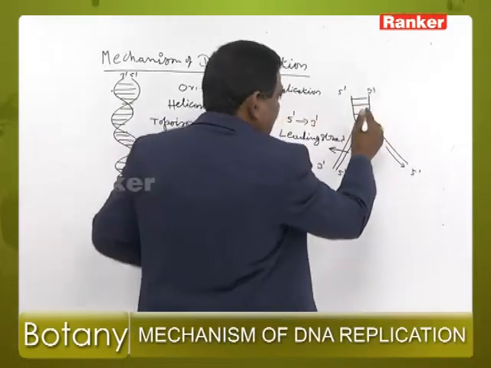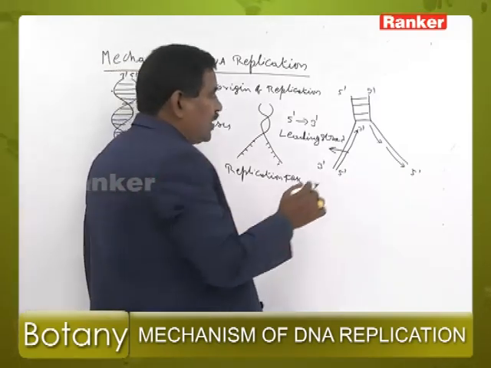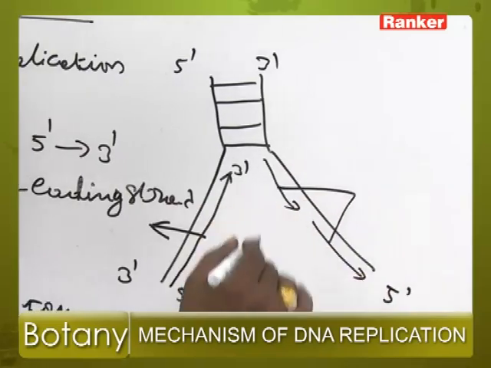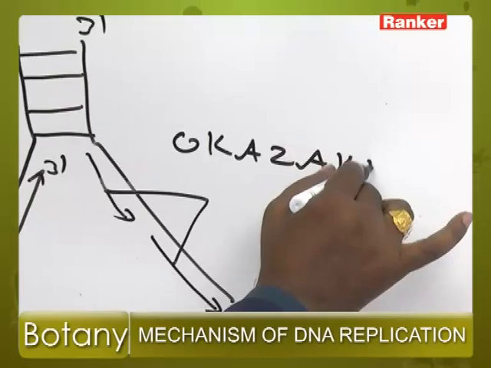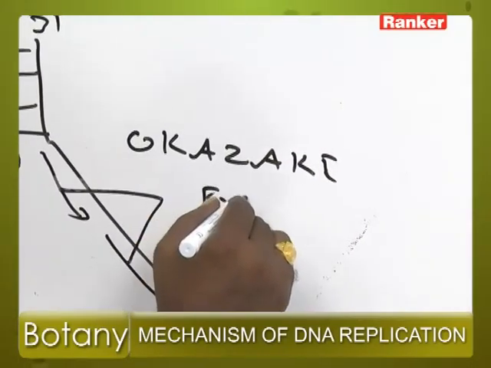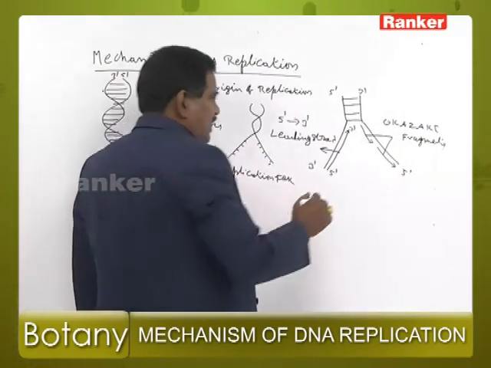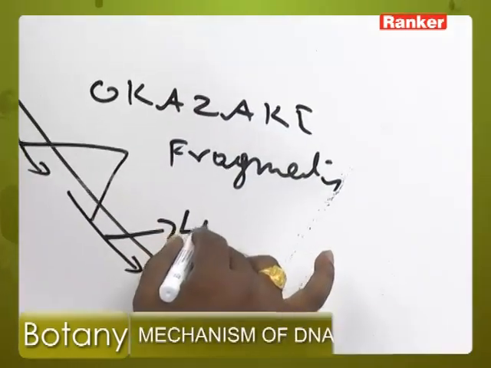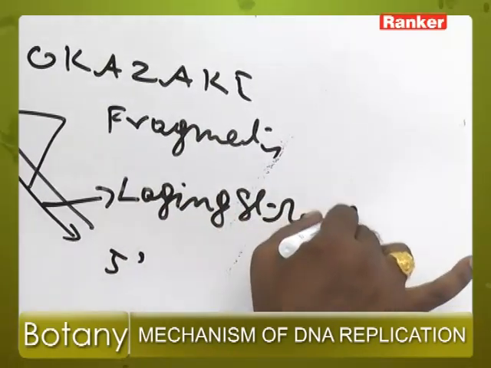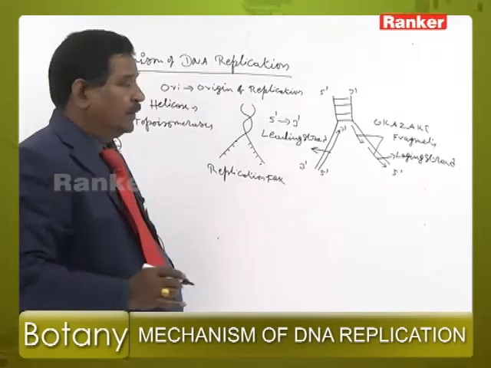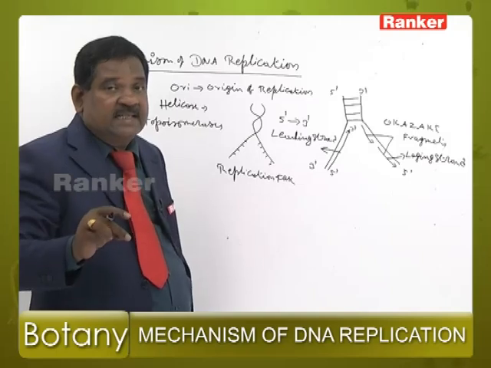When the strand opens again, some fragment of new strand is formed. Those fragments are Okazaki fragments, and that strand is called the lagging strand. So the leading strand is continuous, and the lagging strand is discontinuous.